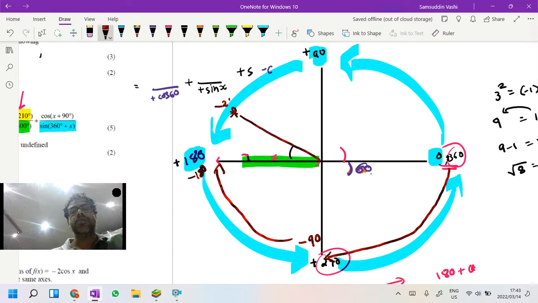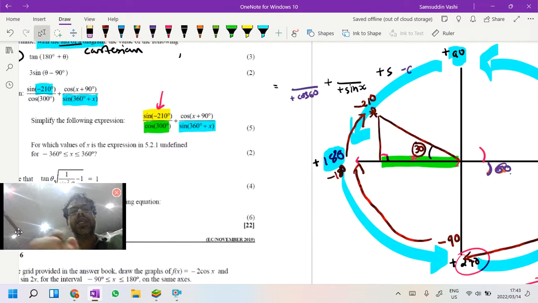So there is negative 210. If I count from negative 180 to 210, I will end up with 30 degree. So sine negative 210 is the same as sine 30 degree. I'm left with sine, and as I ended up in the second quarter, sine is positive.